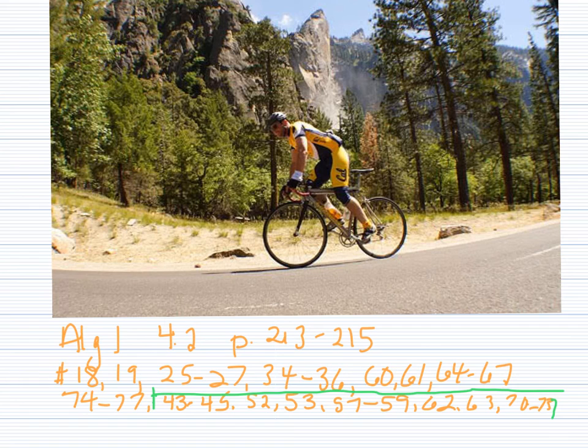Okay, this is the Algebra 1 4.2 assignment. It's found on pages 213 to 215. You're to do exercises 18, 19, 25 through 27, 34 through 36, 60, 61, 64, 67, 74, and 77. Now, in this green box, I have another set of lessons.